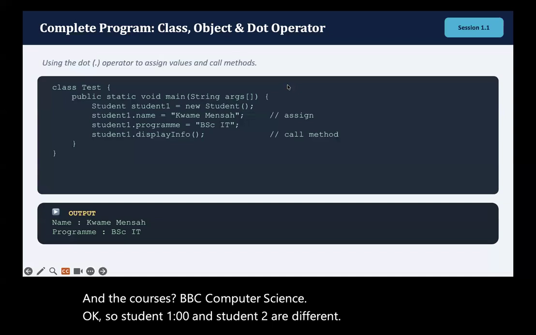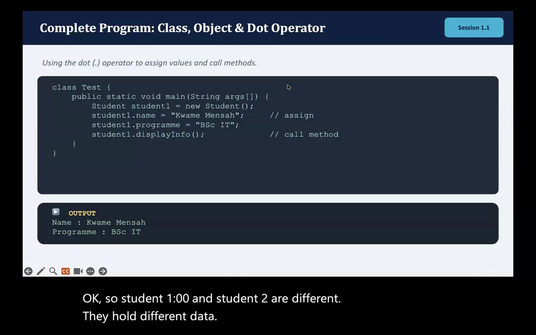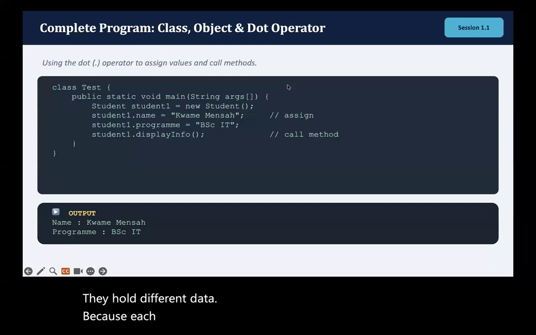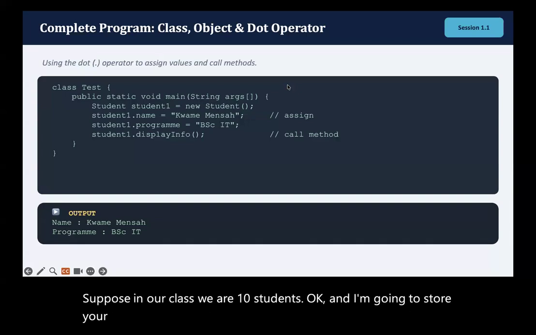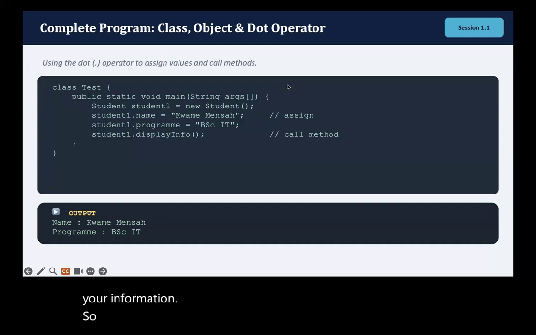So student1 and student2 are different. They hold different data because each object has its own memory. See, suppose in our class we are 10 students, and I'm going to store your information. I'll start from S1 to S10.